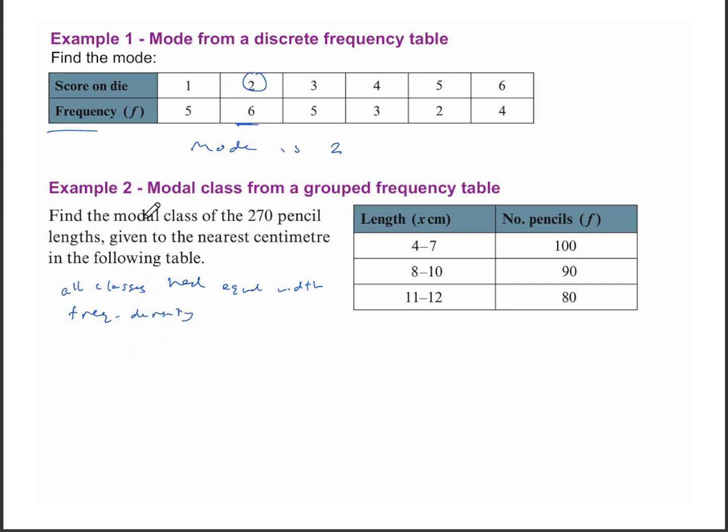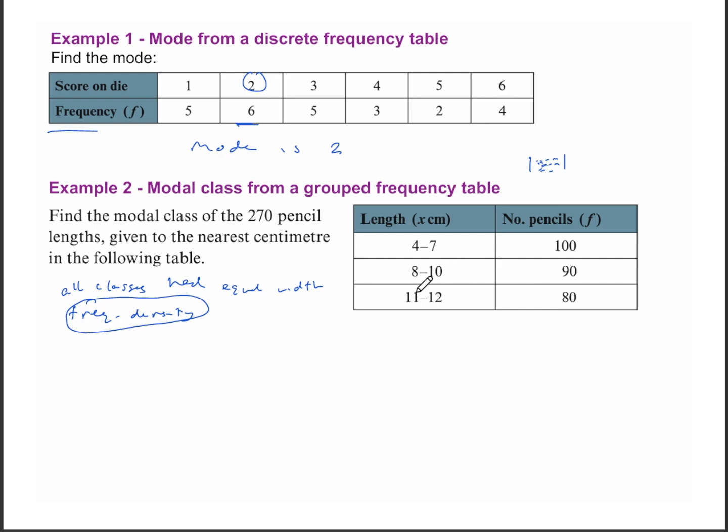So now the modal class, when it comes to A levels, is found by the group that has the highest frequency density. So think of the modal class visually as the class that has the most density of points, like there are so many points grouped together and compressed within that class. The most compressed group is going to be the modal class.